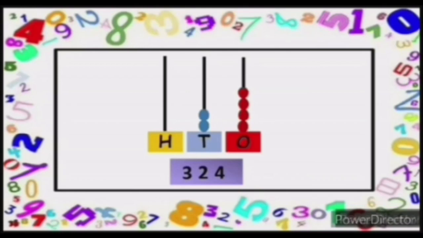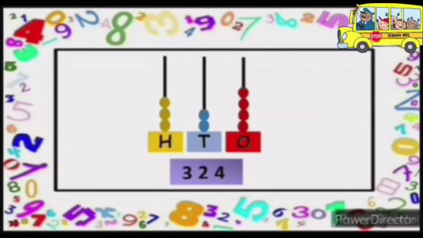Now, how many hundreds are there? Yes, 3. Let's draw 3 beads. 1, 2, 3. Now you have understood how to draw beads in an abacus.